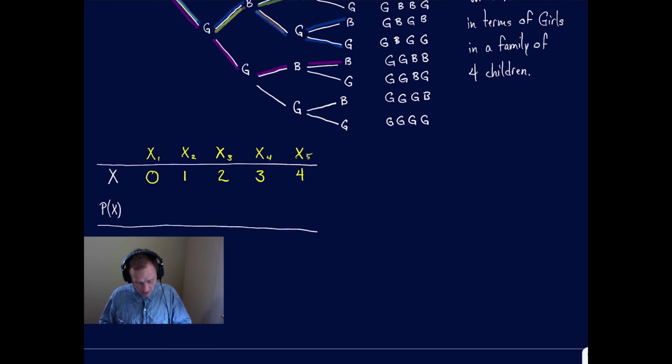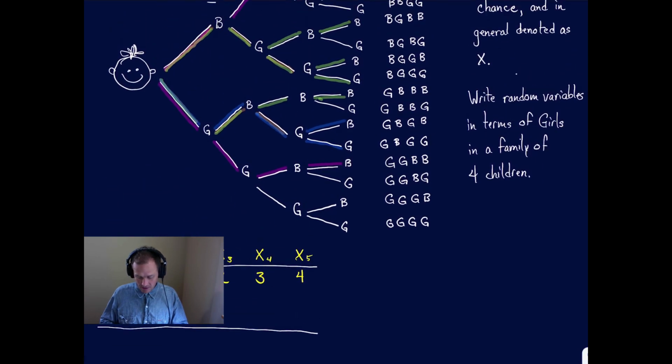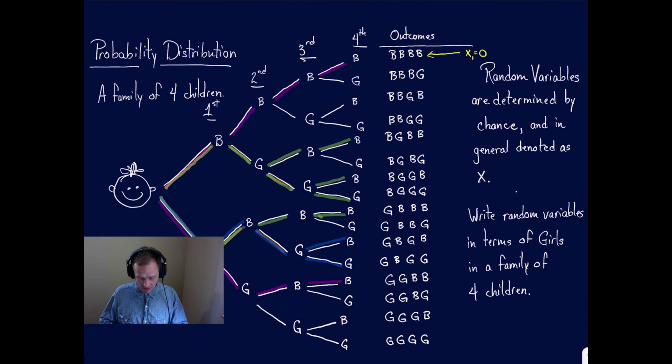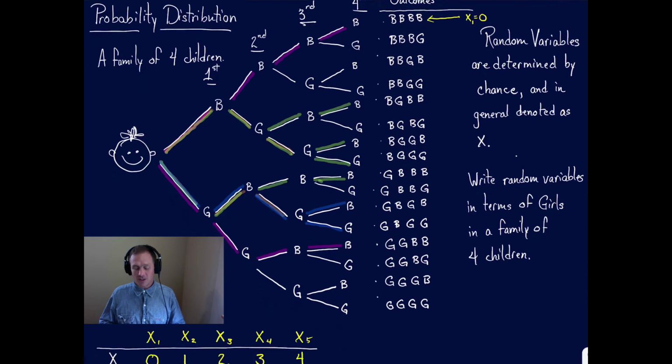Now, here's where we have to do a bit more work, and that is, we're going to count these results. Let's find the probability of each one. You may have already done this counting yourself. If we count these up, we have 1, 2, 3, 4, 5, 6, 7, 8, 9, 10, 11, 12, 13, 14, 15, 16 outcomes.